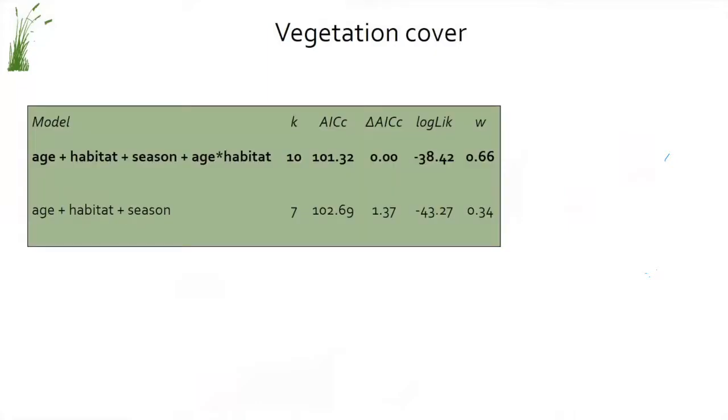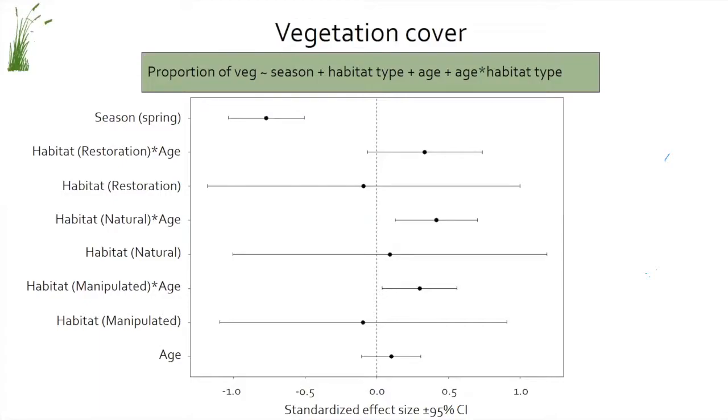So when we modeled those results, we found that we had 2 competing models. Our top model included all of those covariates that I previously described. And we see that anything that falls to the left of the dashed line is a negative effect. Anything that falls to the right is positive. And if it overlaps, then there was no significant effect.